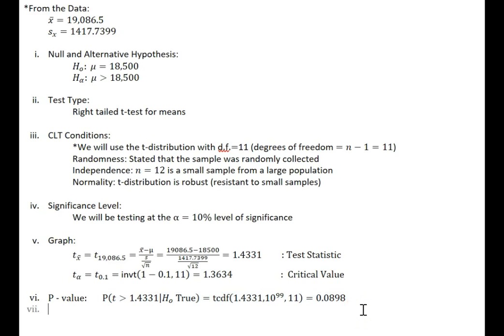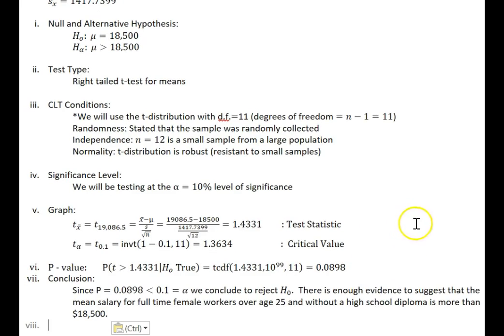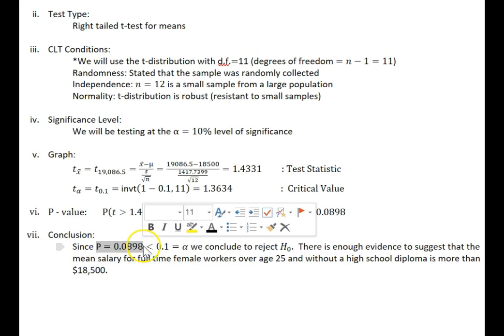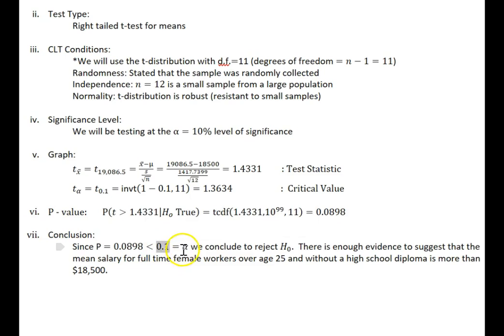So what does this look like as far as our conclusion? Okay. Since my p-value is this thing, which is less than my alpha value, we can conclude that I will reject my null hypothesis.